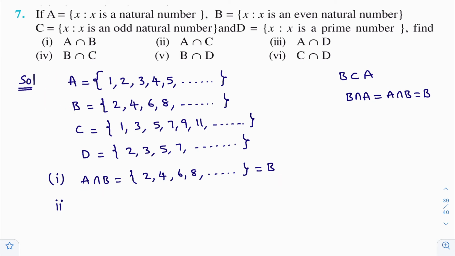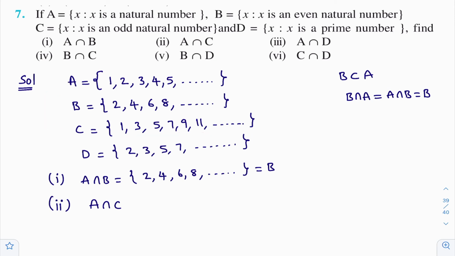Try to do the second bit. What is the second bit? In the second bit, they are asking A intersection C. You observe the sets A and C. Is A a subset of C or C a subset of A? All the elements present in C are present in A. I hope you are understanding.